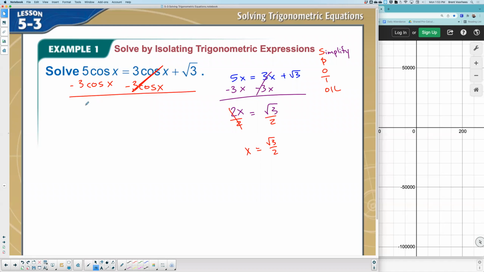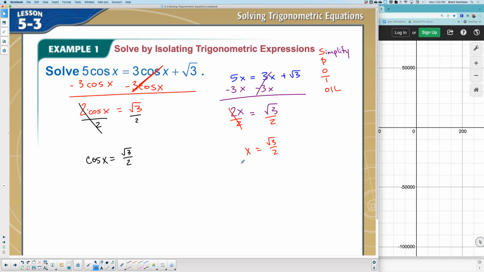That leaves me with 2 cosines equaling the square root of 3. Again, we're trying to isolate this cosine x. What's the opposite of multiplication? Division. So you would divide by 2. And so you have cosine x equals square root of 3 divided by 2. All of that was just the normal algebra.